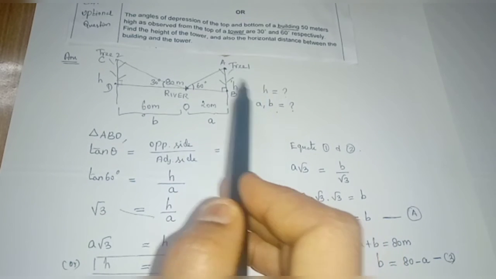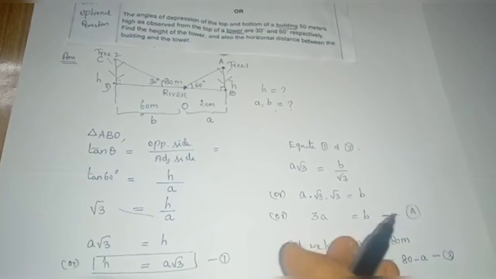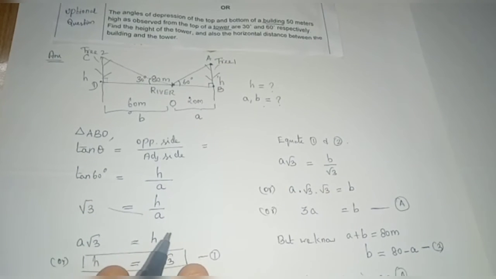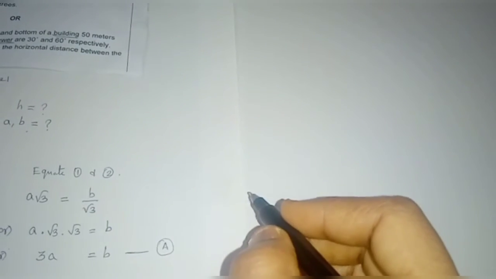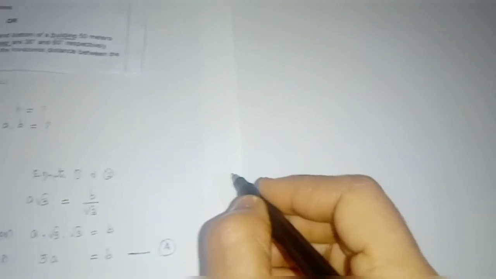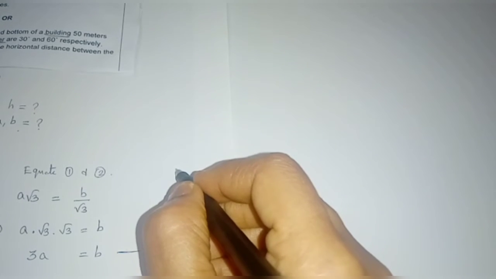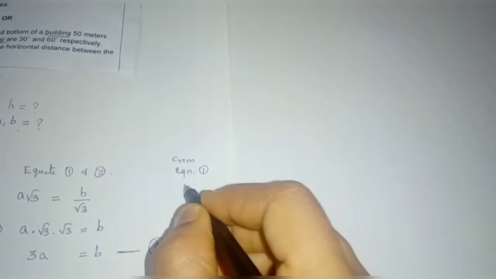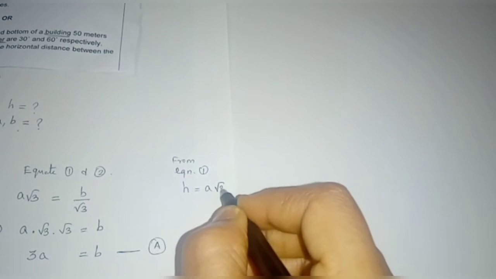What is the H value? According to equation 1, H is equal to a root 3. You substitute 20 here. So the height of the tree is 20 root 3. So you write here, from equation 1, H is equal to a root 3.